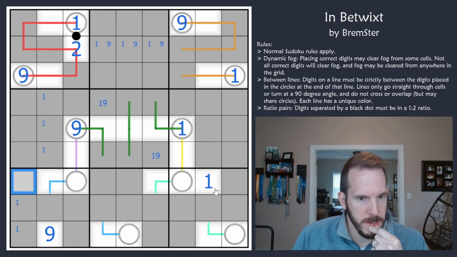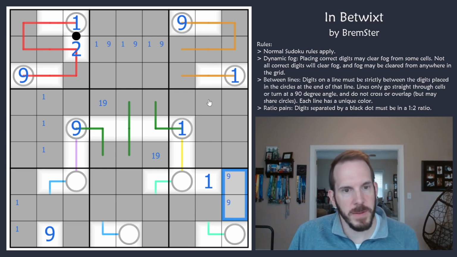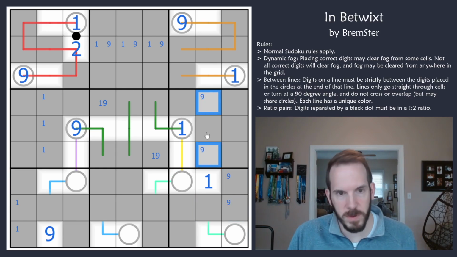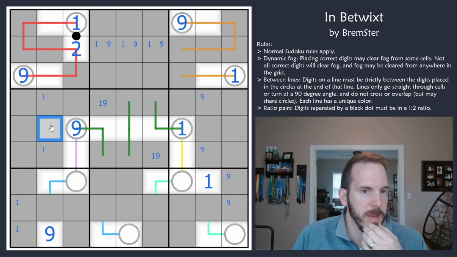Okay. I don't know if I can do anything else with 9s in this box. We know 9 is in one of these 2 cells because it can't be here because of the line. So 9 will be here, and the 9 will be in one of those 2 cells by Sudoku. And this one takes 1 out of here.